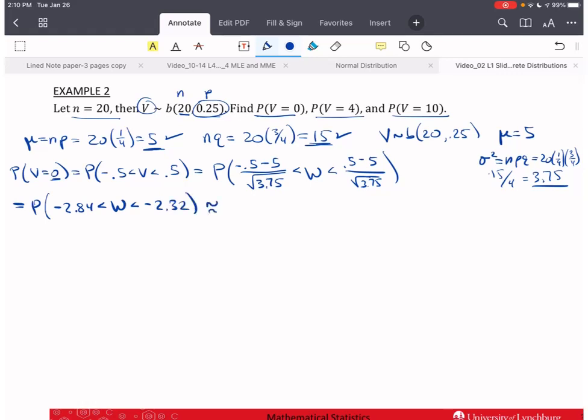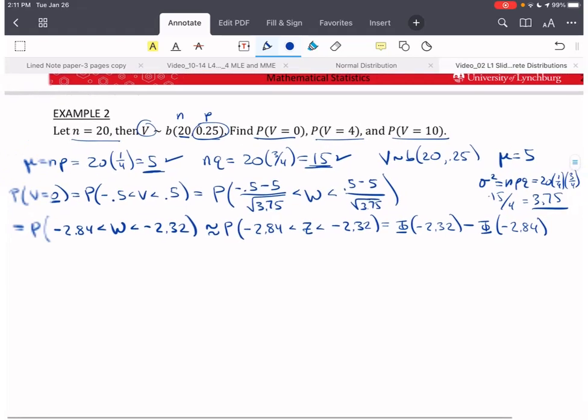Now comes our approximation. We change W to Z, the standard normal, and this is equal to phi of negative 2.32, we take the bigger number, minus phi of negative 2.84.